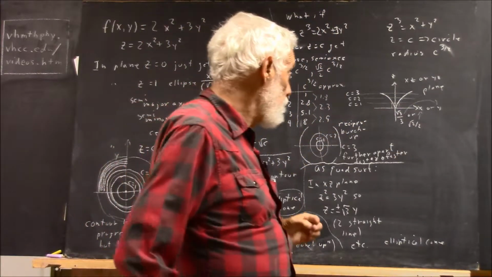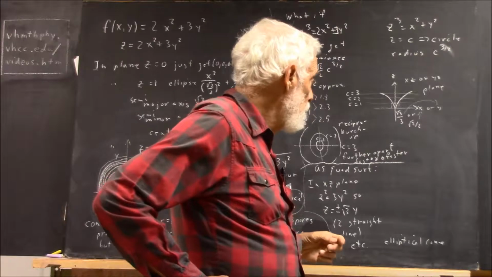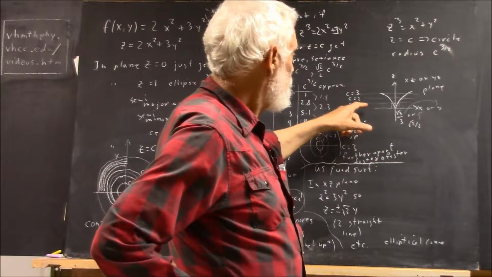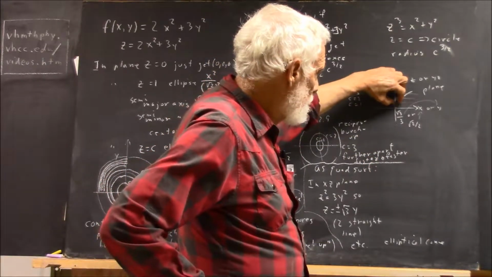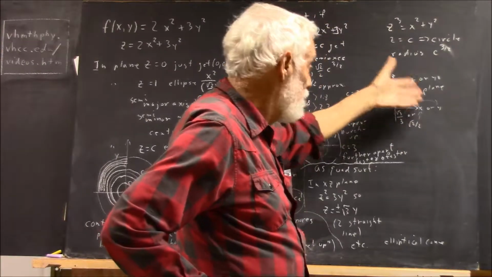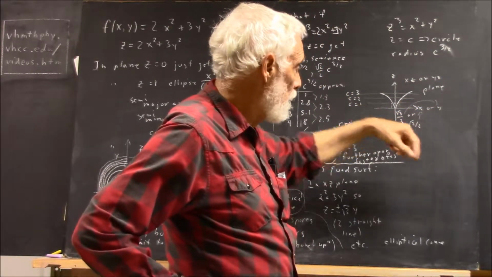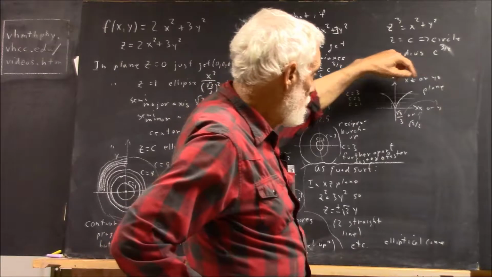Without even using that function, though, we can see what's going to happen, because for c equals 1, here's your semi-axis in the x, actually I say this could be the x or the y, xz or yz plane.